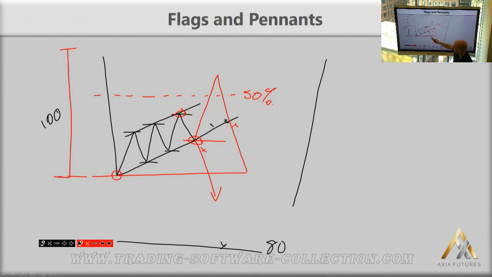If you're not short on this flag and you go, okay, this is a flag, it's going to go down around about 100 ticks, you might be willing to get in on the break of this low down here. But once the market's gone 80 ticks, how many people are still going to be willing to sell for those final 20 in the face of a level as well? That's for me the reason why I don't think that you should necessarily always try and play it to the target.